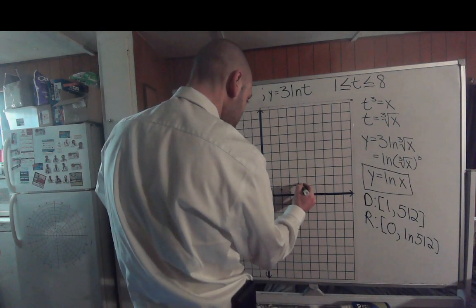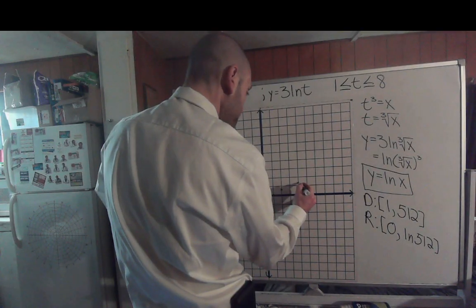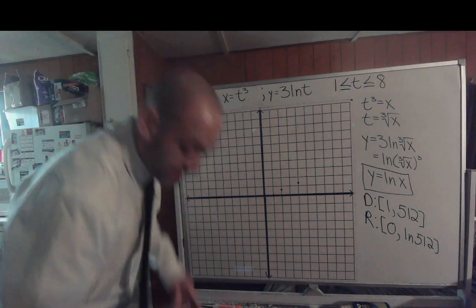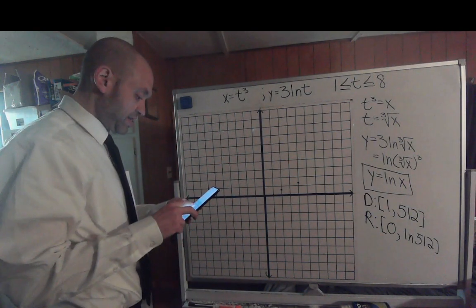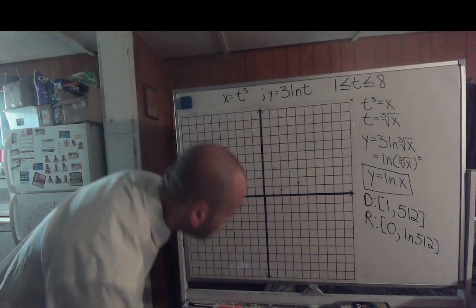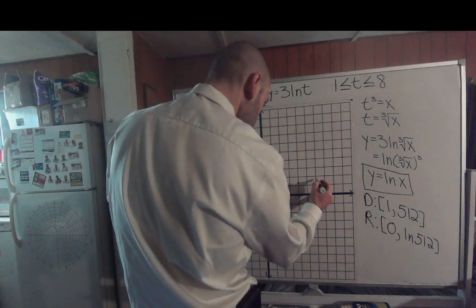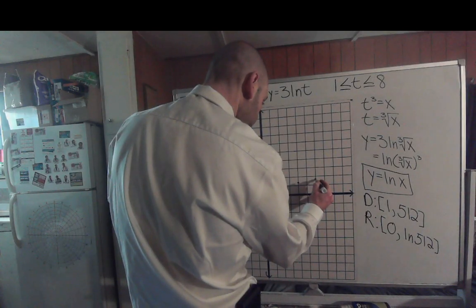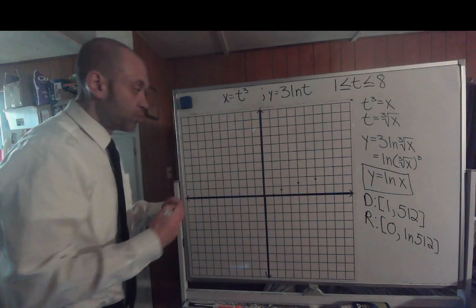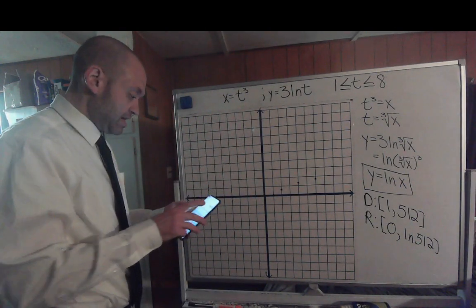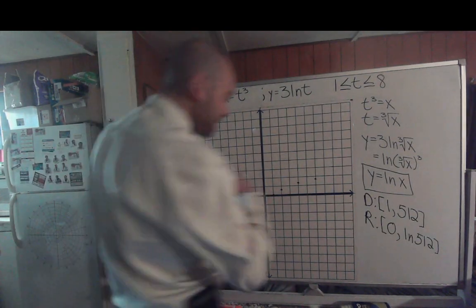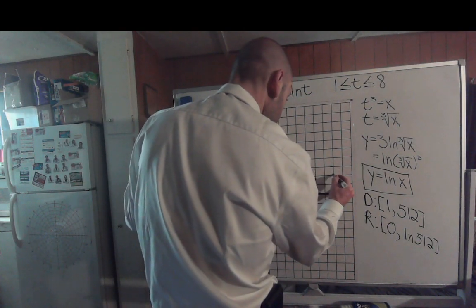That's about right there. Let's do 6. Yeah, let's do the natural log of 6. That's about 1.79. About right there. And I'll do one more for 8. Let's do the natural log of 8. That's about 2.08, so that's a little bit over 2.